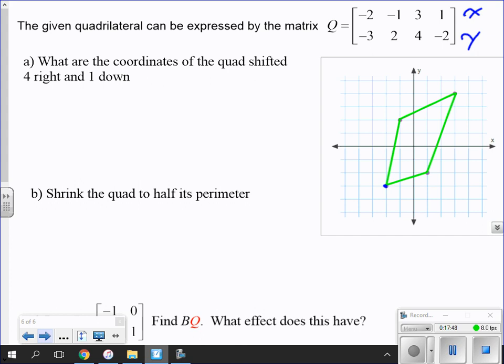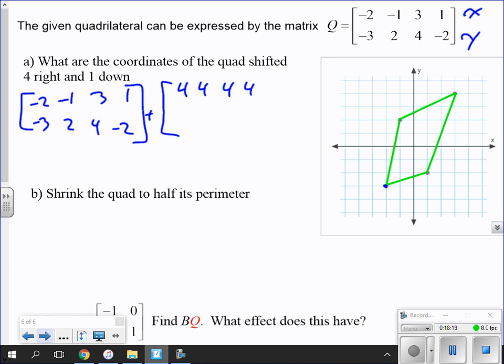What are the coordinates of the quad shifted 4 right and 1 down? So you take the matrix you have, negative 2, negative 3, negative 1, 2, 3, 4, 1, negative 2. If I'm shifting, I'm adding or subtracting. 4 to the right means I take my x coordinates and add 4 to every x coordinate.